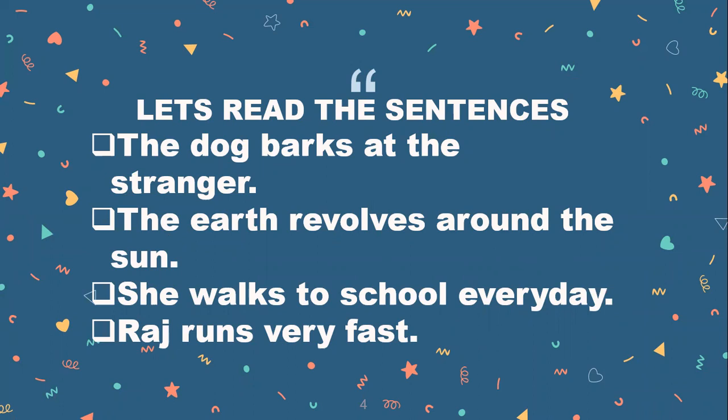In each of these sentences, there is some verb. And you know, a verb is an action word. So in the first sentence, what is the verb? The dog barks at the stranger. So barks, that is the verb here. Okay, revolves. The earth revolves around the sun.